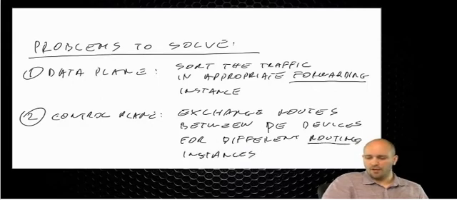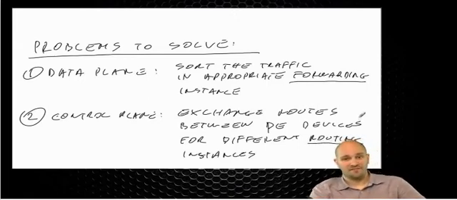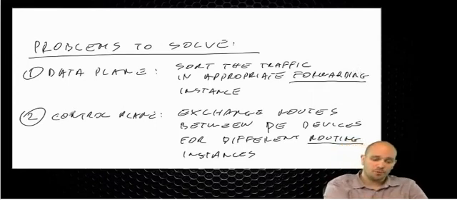And I'm going to underline routing here. So this is why we call them VRFs: VPN routing control plane and forwarding instances, the data plane. So we have 2 problems to solve, control plane and the data plane.